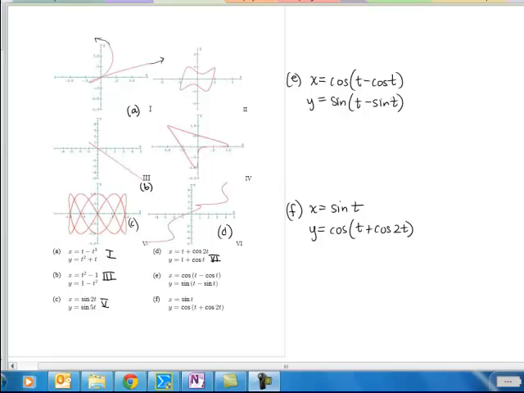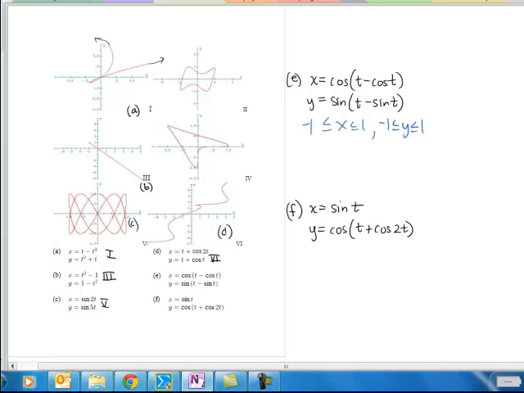The others are kind of unusual because they have a cosine function within a cosine function. So cosine of t minus cosine t, or sine of t minus sine t, neither of those would be necessarily that familiar to us. But we can at least notice that because we've got cosine and sine on the outside, x is between negative 1 and 1, and y is between negative 1 and 1.